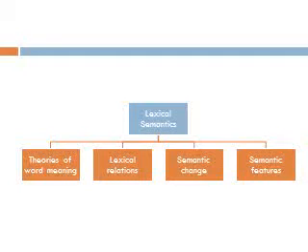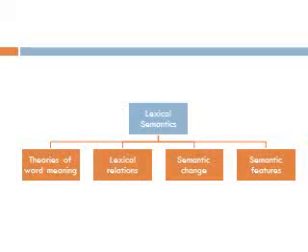For lexical semantics, we discussed theories of word meaning, like the theory of reference and the theory of sense, prototypes, and so on. We also discussed lexical relations that exist between different words, like synonymy, antonymy, collocations, and so on.